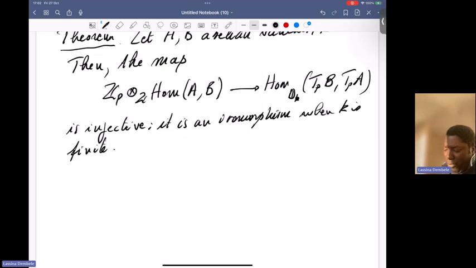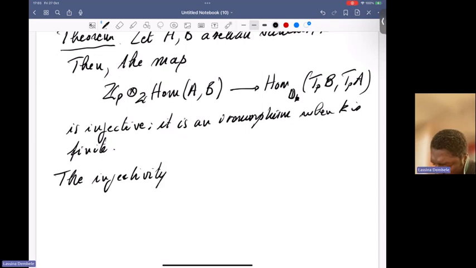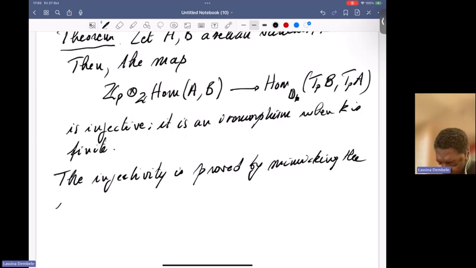So we are going to prove the theorem. Basically, the injectivity is proved in the same way we did for l different from p. So you can prove this by mimicking the proof in the case when we had l not equal to p.